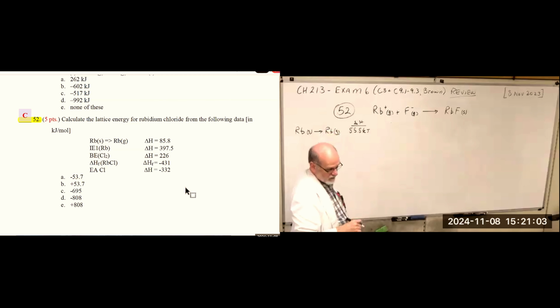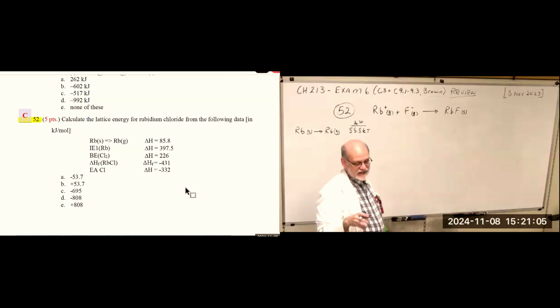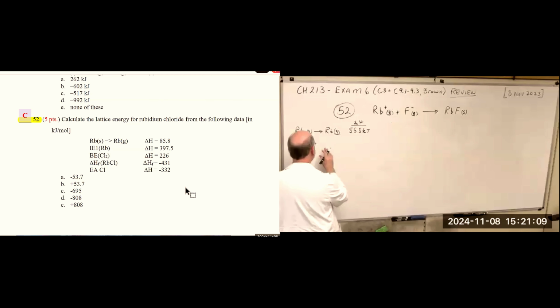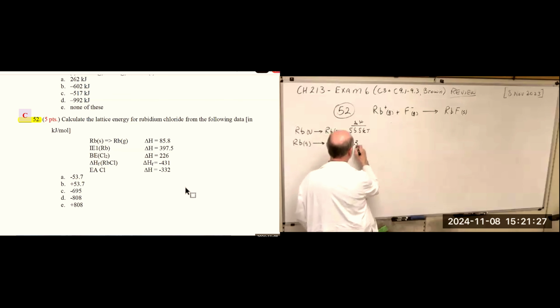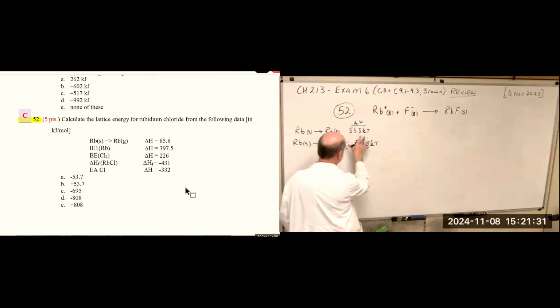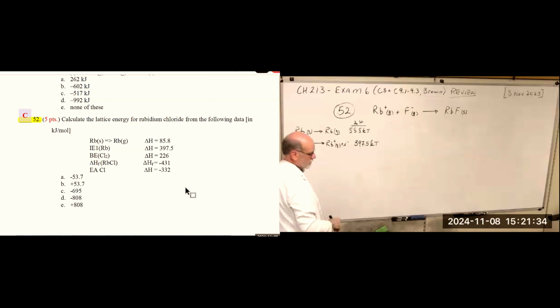The next one is ionization energy, first ionization energy for rubidium. So how do you write that one? First ionization energy, you need rubidium gas yields rubidium ion plus an electron. And the amount of energy required is 397.5 kilojoules. Right? That's endothermic.